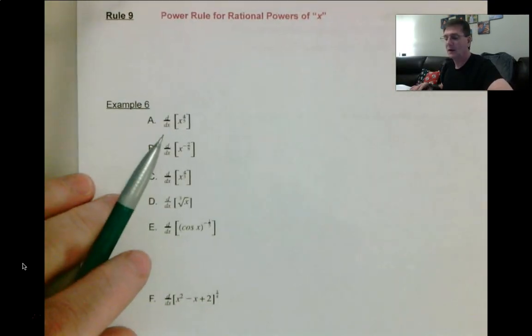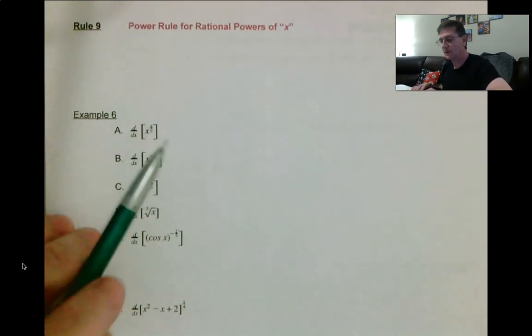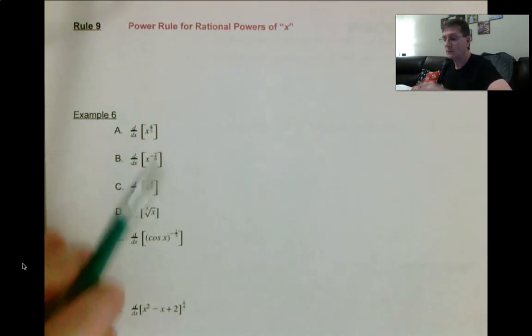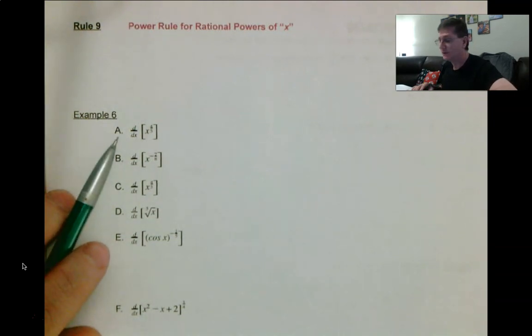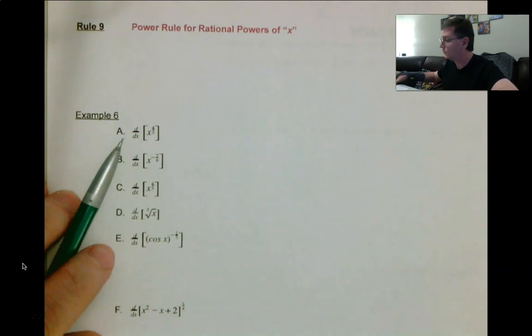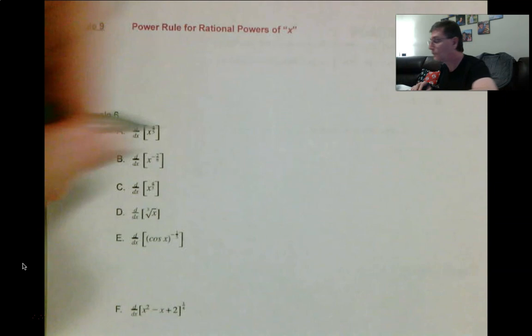Power rule. When the powers of x aren't whole numbers, when they're rational fractions, we can still use the power rule. So derivative of x to the 4/5 power. Take the 4/5, put it out in front.